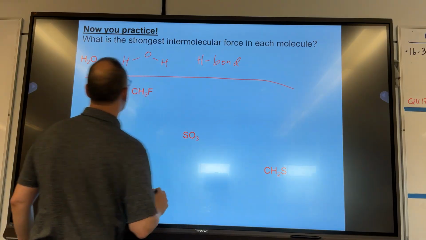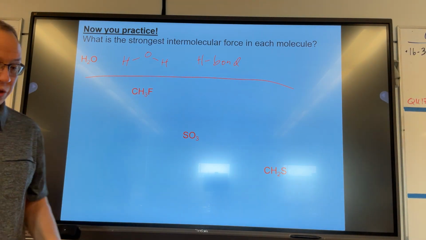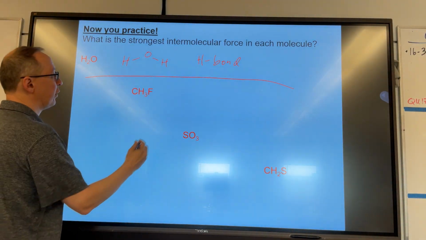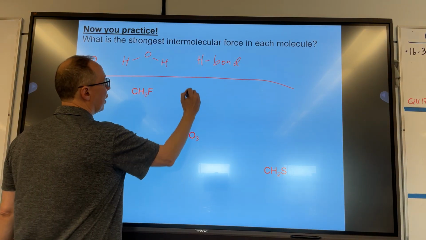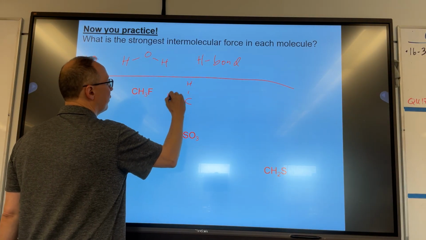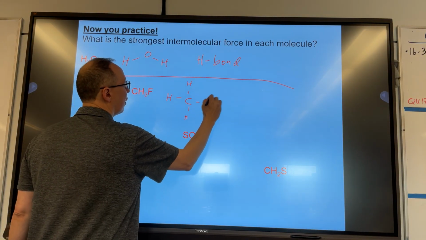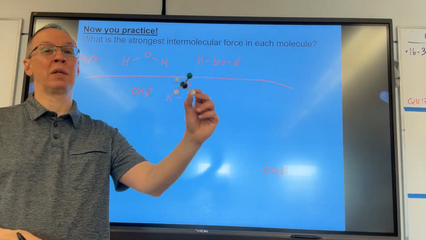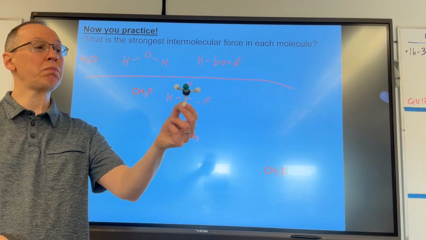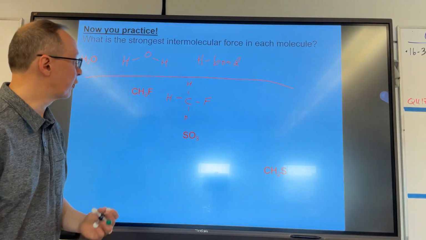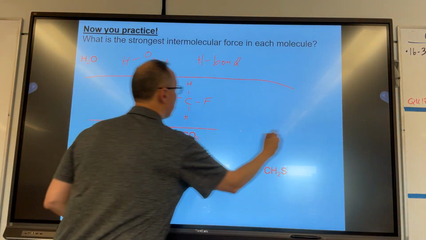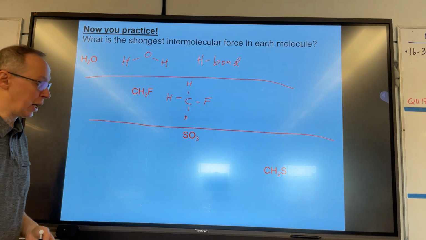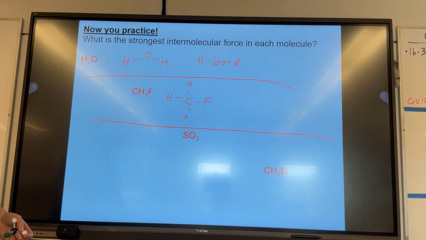Next I have CH3F. When I do that structure, I end up with something like this. And when I build that, it looks like this. All right, so let's go back to our flow chart here and see what we have going on.